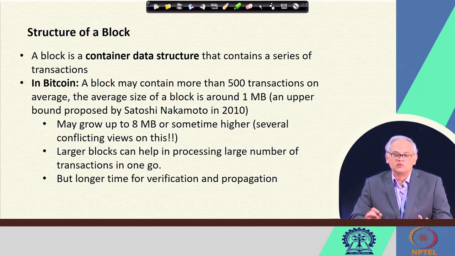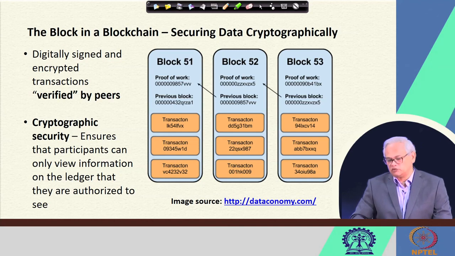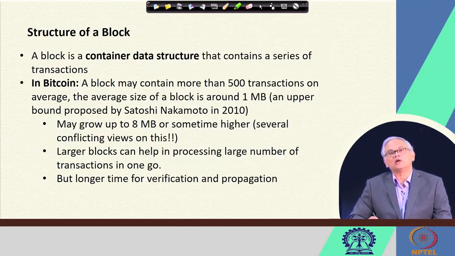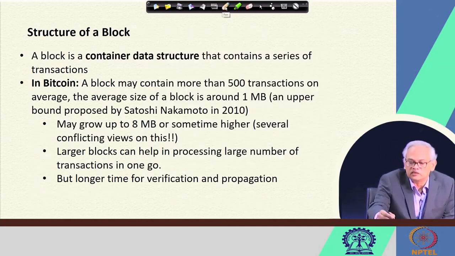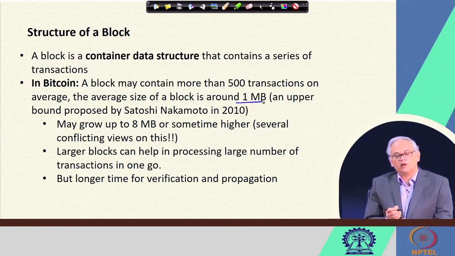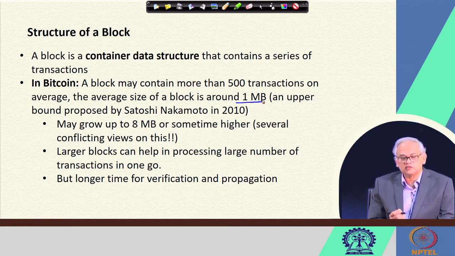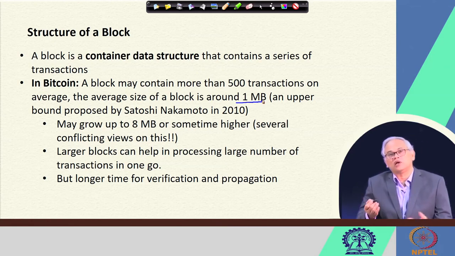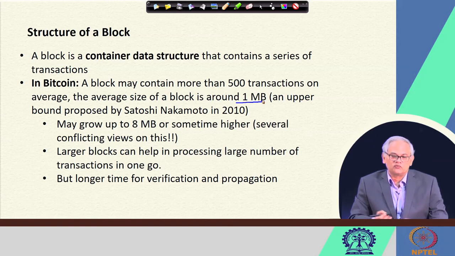It is more important that it is not the number, rather the size of a block. So, what is the size of a block? The size of a block is around 1 megabyte, and this number was set by Satoshi Nakamoto. You have heard about Satoshi Nakamoto in our earlier classes. So, Satoshi decided to go for a block size of 1 megabyte.